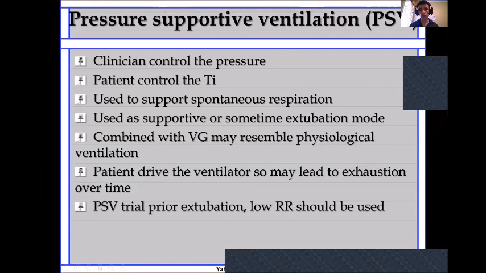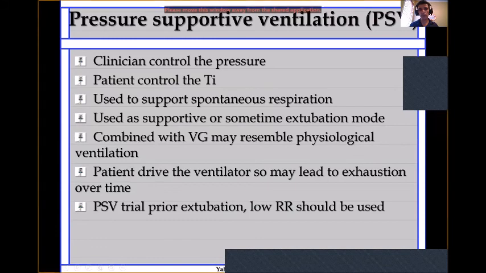So if you use PSV plus VG, that will be the least aggressive ventilation, or what people call physiological ventilation, because you are giving pressure support and the patient is controlling everything in the minute ventilation, but you are also preventing the side effect of the volume by giving VG, or volume guarantee.